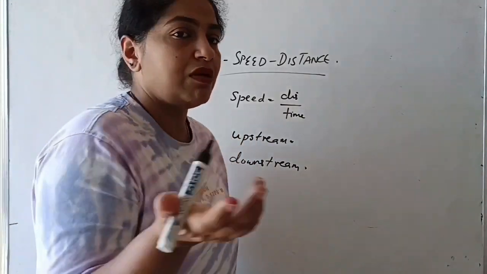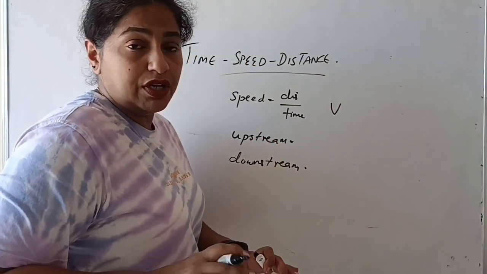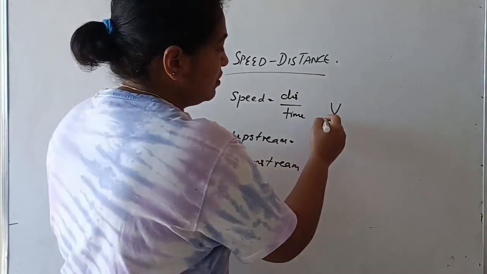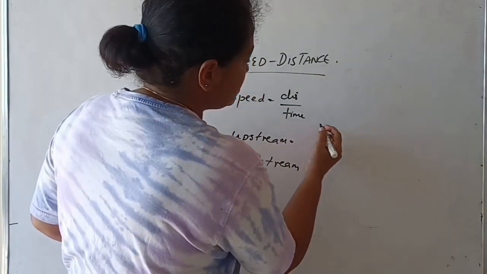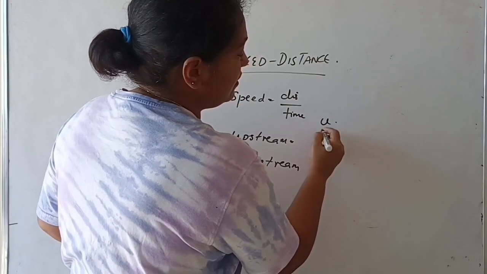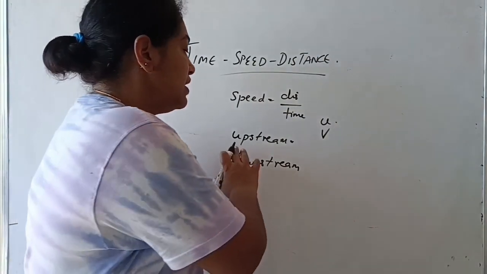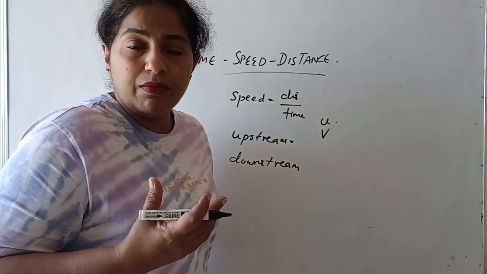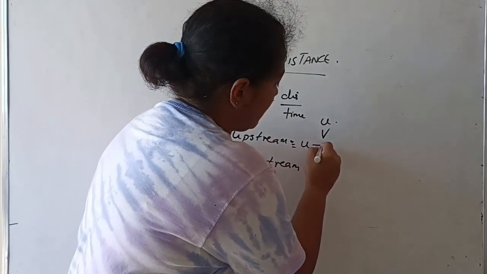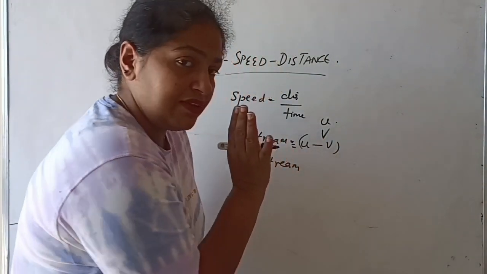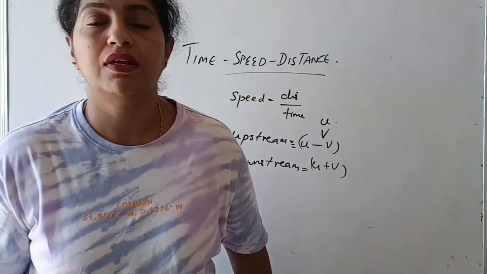Now, suppose the steamer has a speed of U in still water, and the speed of water is V. Then the effective speed of the steamer when it is moving upstream is speed of the steamer minus the speed of the water, and when it is moving downstream, it is speed of the steamer plus the speed of the water.